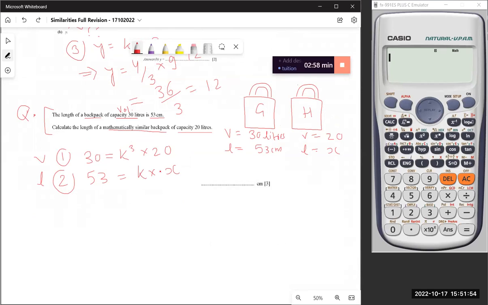Which of these equations can I solve? Tell me. Lura, solve it on the board. To find K, we have to do the length. Do the length one or the volume one?